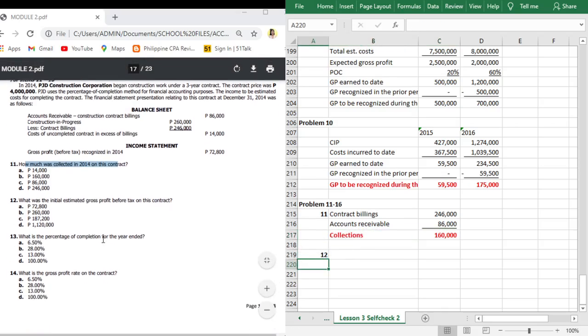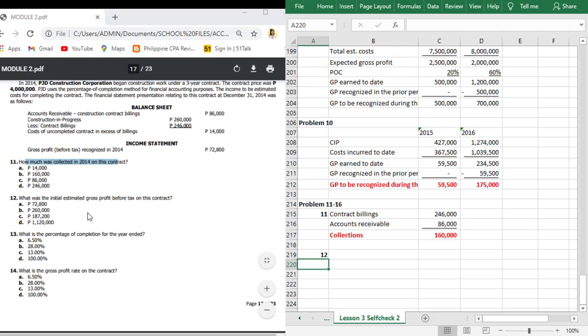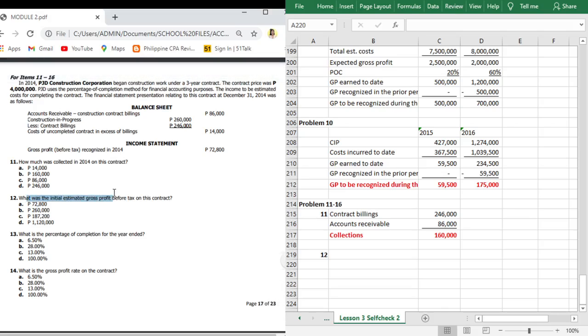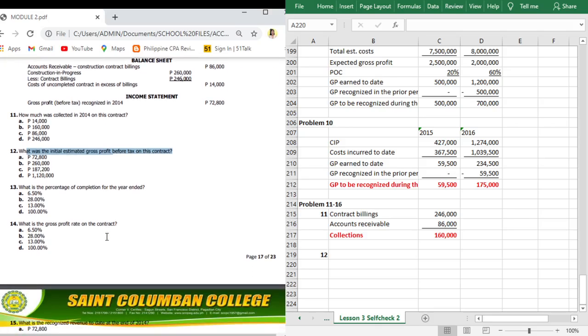Next, what was the initial estimated gross profit before tax on this contract? Estimated gross profit before tax on this contract. Wait a moment, let me look at what was asked. This is the initial estimated gross profit.